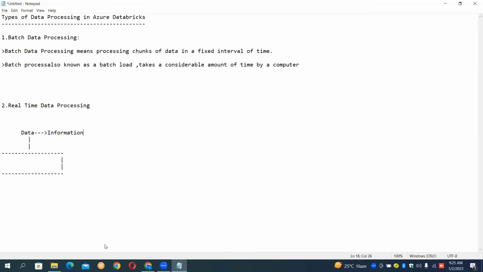And whenever the data is processed, it is divided into small chunks. It is divided into chunks.